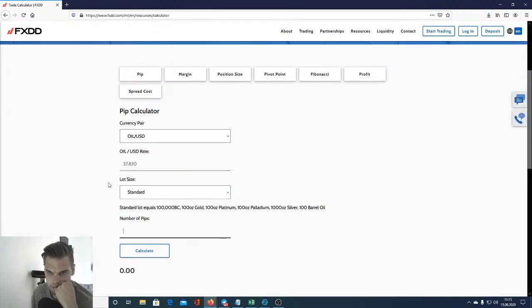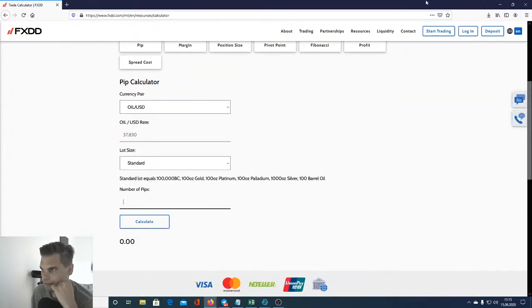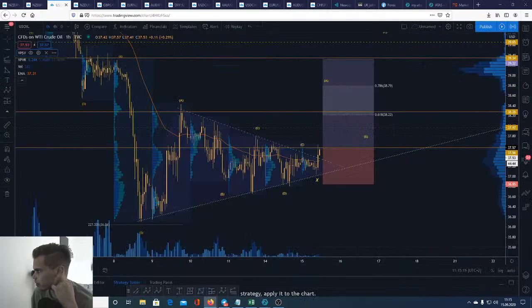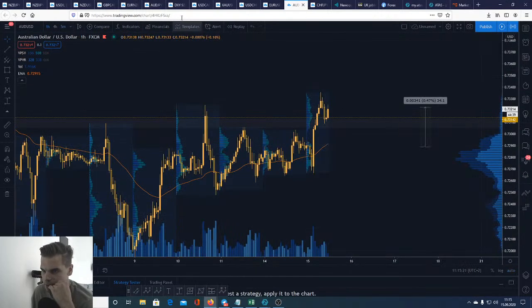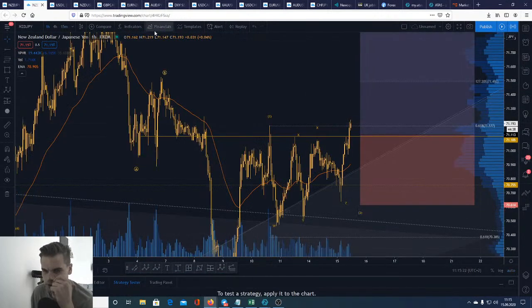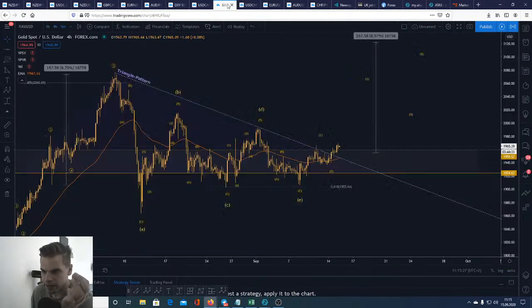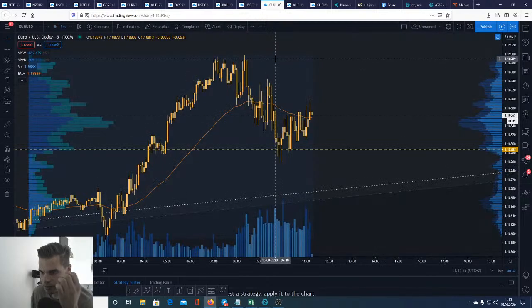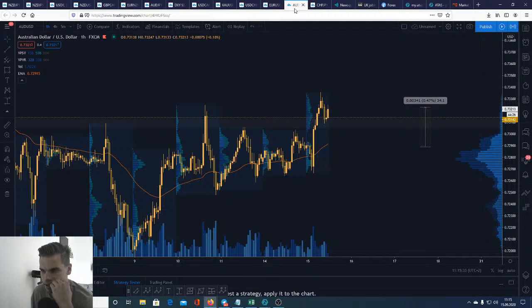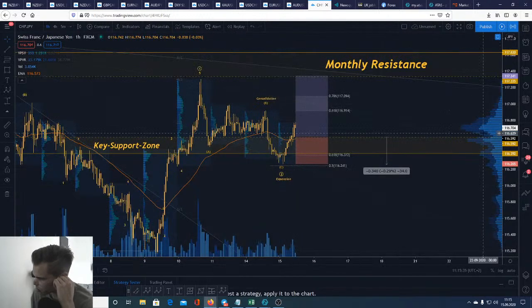See? cTrader is way better to trade, actually, in my opinion, for position size calculation and stuff, because it automatically shows you how much risk you actually take. And I think I'm going to switch to cTrader very soon as well.